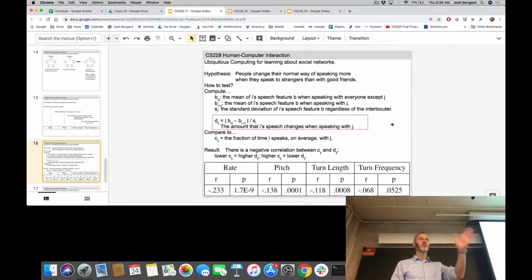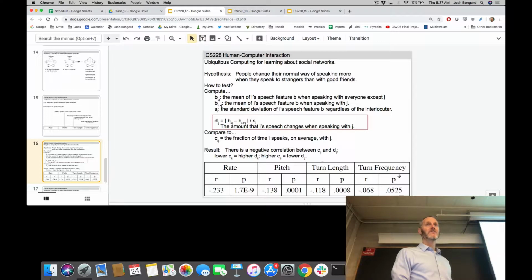So people that they speak with often, that's closer to the mean of how they speak in general to everyone else. But when they're speaking to someone they speak to rarely, so C is low, then D is high. They change their rate, their pitch, their turn length, and our probability here says probably not turn frequency.